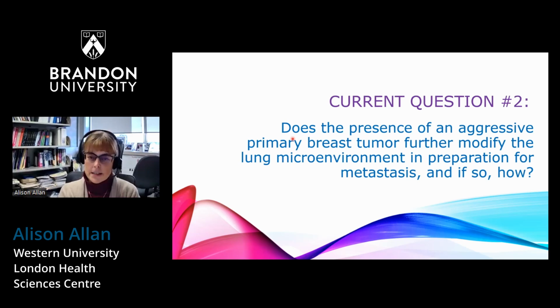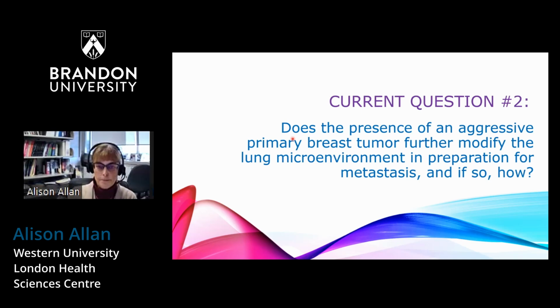The genesis of this question is that when we started presenting the lung conditioned media work at conferences, we almost always got the question. You might remember we're deriving that lung conditioned media from normal mice. And so we often got the question, well, that's a normal mouse, that's the normal lung. What happens in a person with breast cancer? Is the lung the same or is it different?